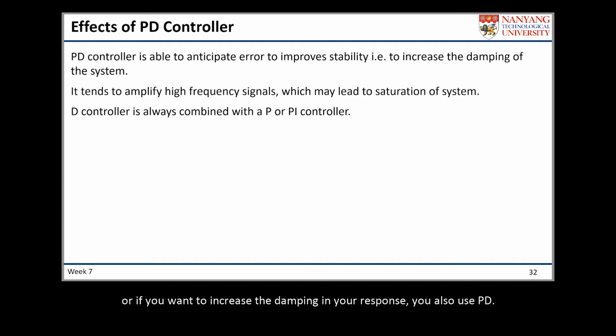If you have a system that is oscillating too much because the damping is too low, you can use this PD controller to minimize the oscillation in the response. In general, we use a PD controller to minimize the oscillation in our response.